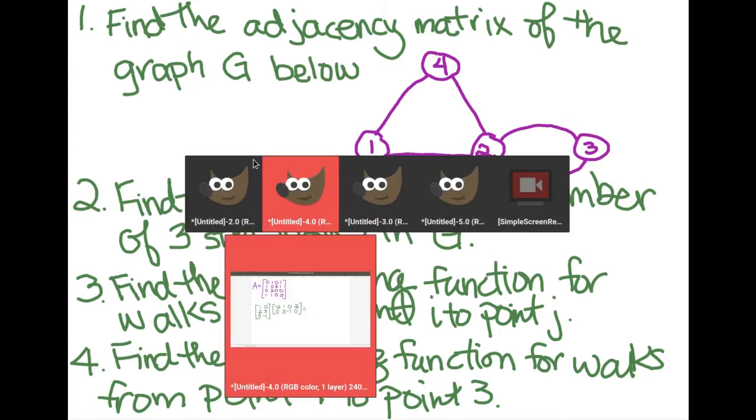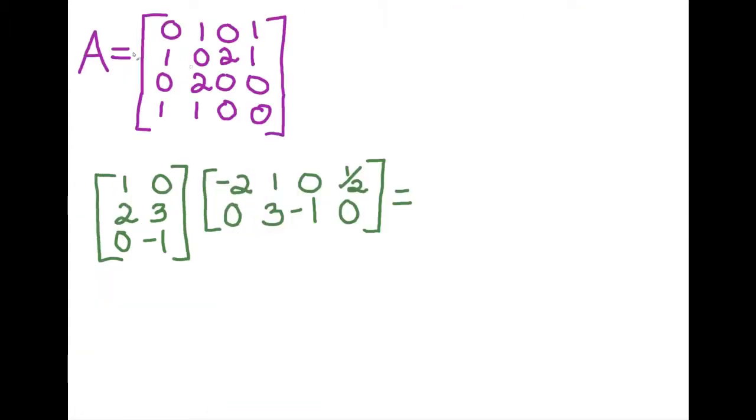If you have the adjacency matrix, A is the number of 1-step walks, right? It's the number of direct connections. There's this notion of matrix multiplication, and so we could talk about A to the 2nd power, which would be A times A, and that would be the number of 2-step walks.